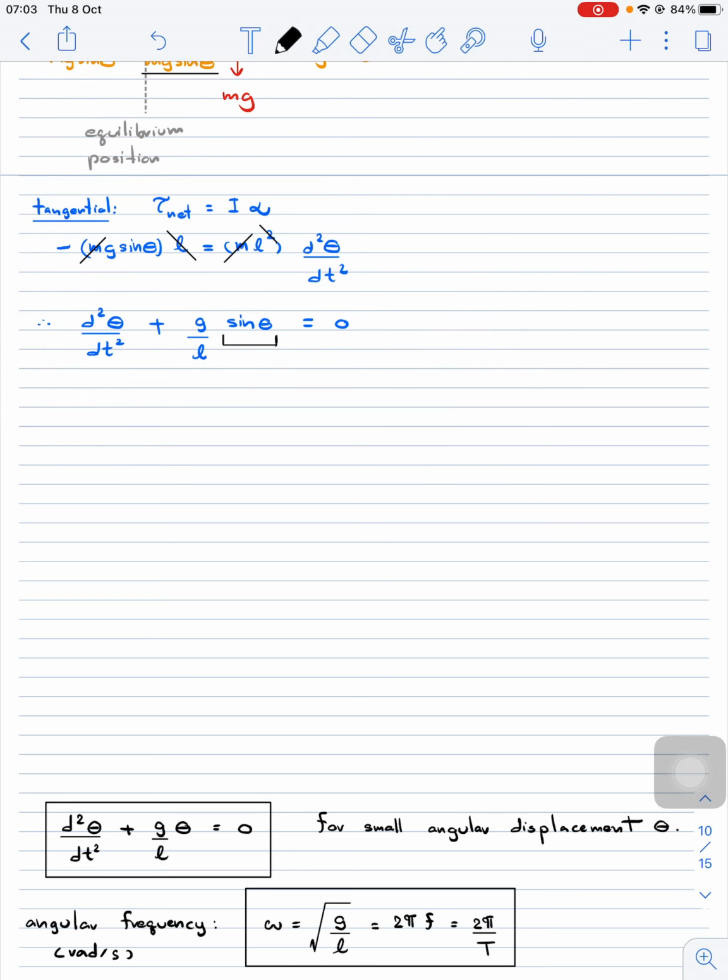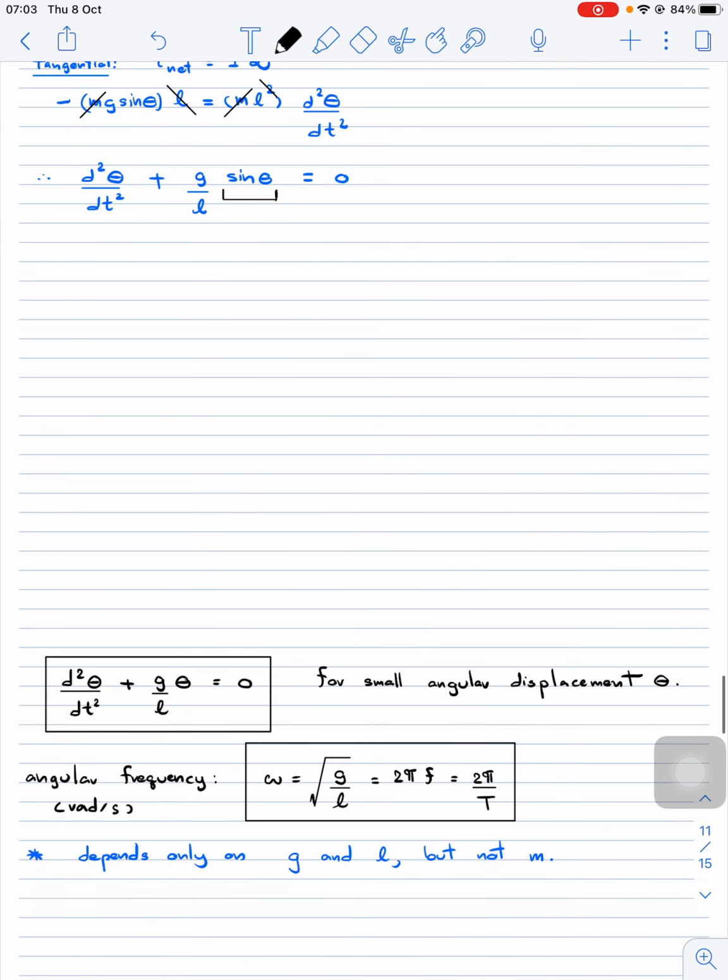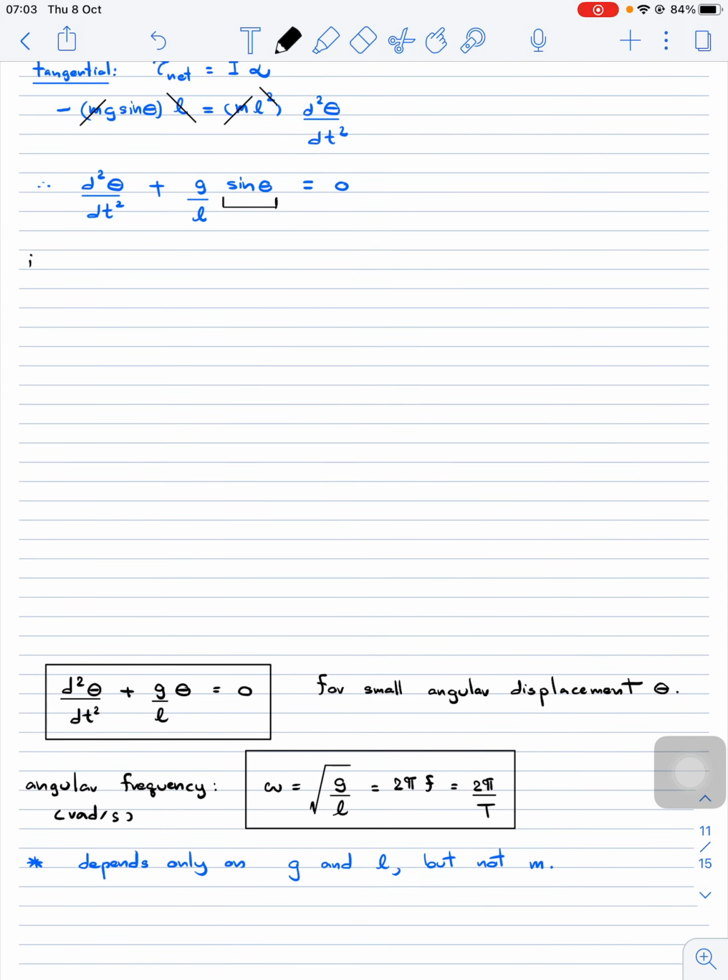So let's say that if the theta is very small. What does it mean by small?